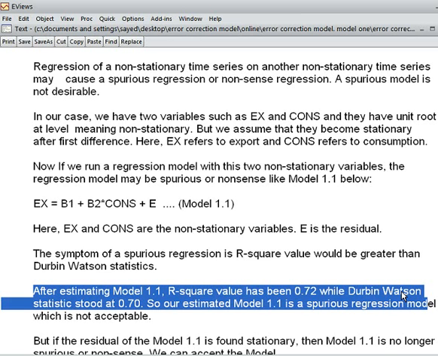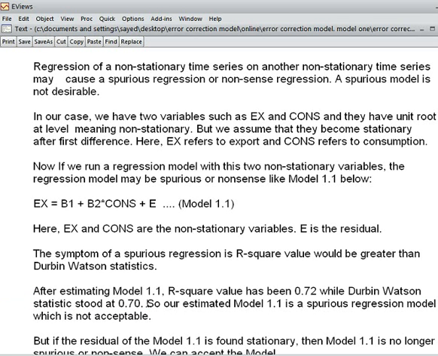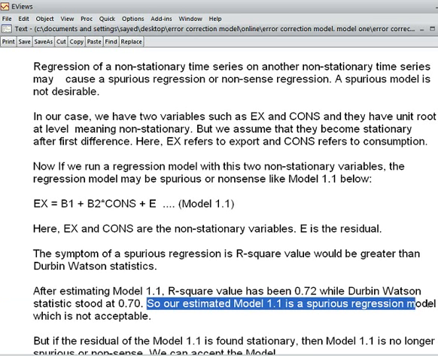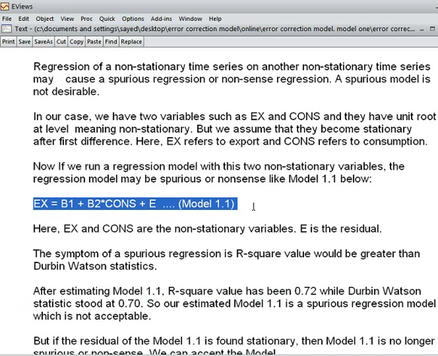R square is more than Durbin-Watson statistics. So it means that our estimated model 1.1 is a spurious model which is not acceptable. So model 1.1 is spurious, we cannot accept it.